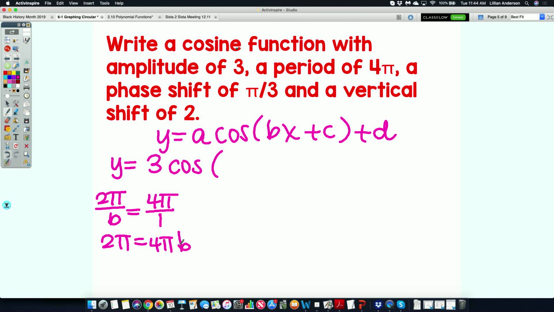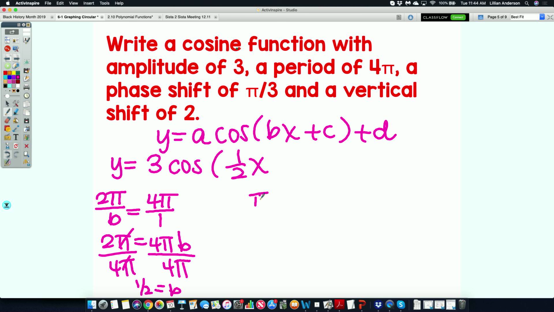How do I solve for b? What happened to those pi's? And what's 2 divided by 4? So b is 1/2. We okay?